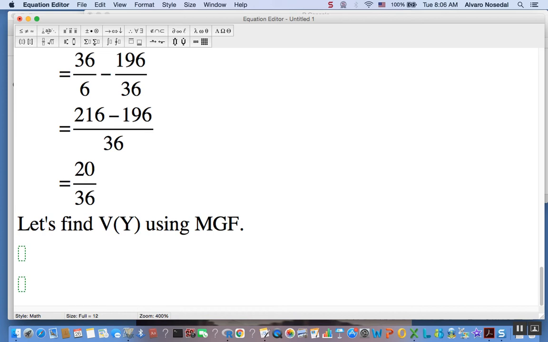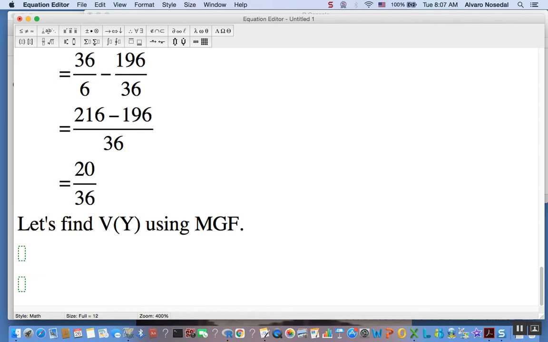right, that the MGF is going to give you moments of a random variable with respect to the origin. Okay, so just like we found the first moment with respect to the origin, and that happens to be the expected value of the random variable, it turns out that if you want to find the expected value of y square, you can use the MGF to find that expected value.